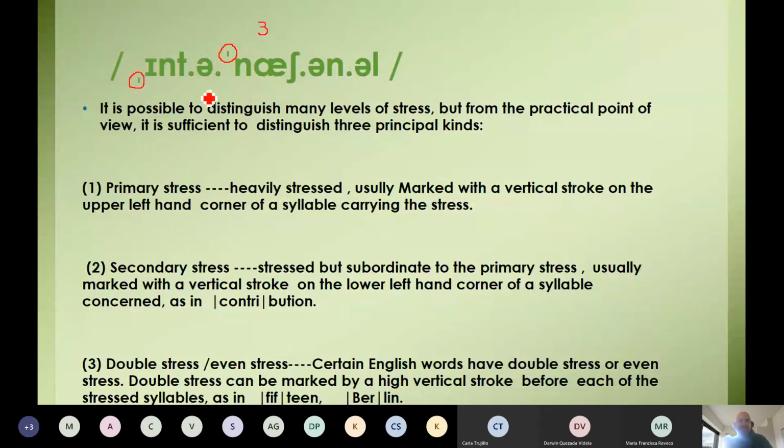The secondary stress, present in some words that have, I would say, more than 4 or 5 syllables, will be shown visually here at the bottom left corner. Many of the words that have a primary and a secondary stress are composed of two nouns, or sometimes of a prefix and a noun or adjective, as in this case.